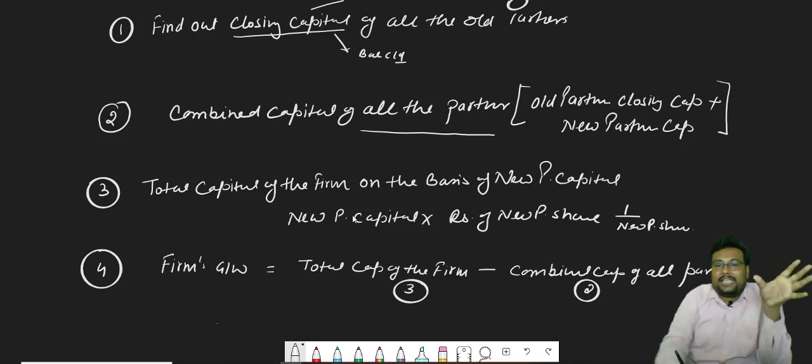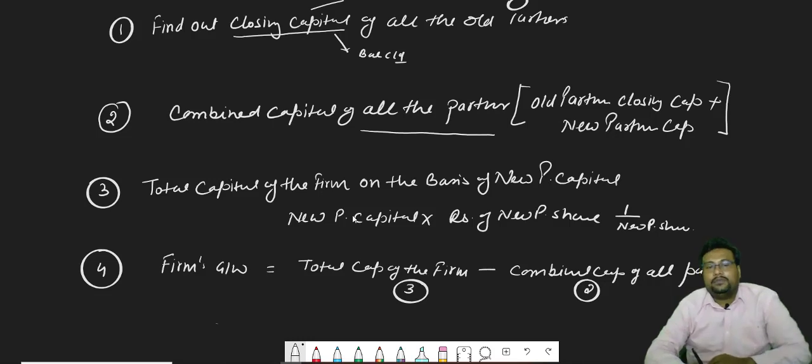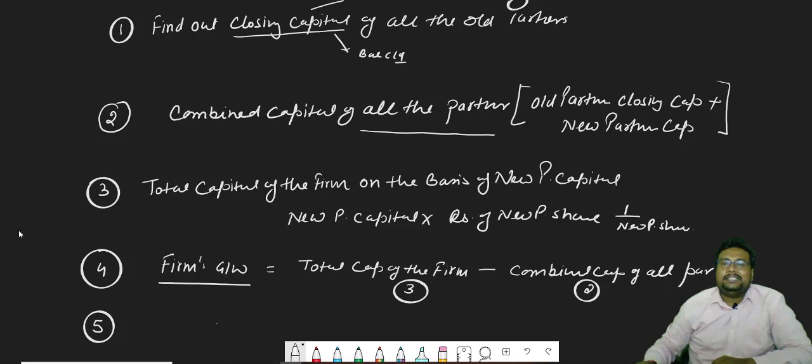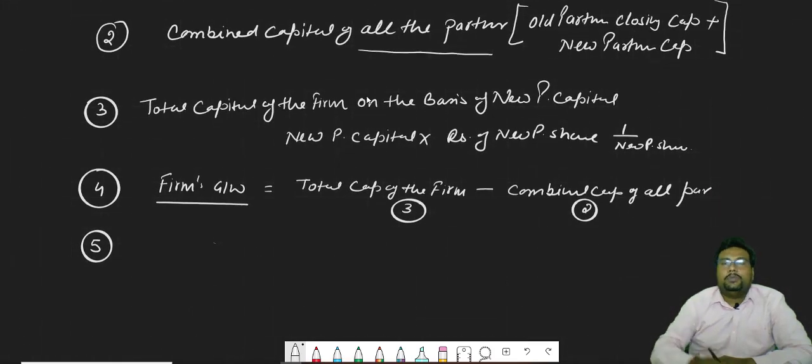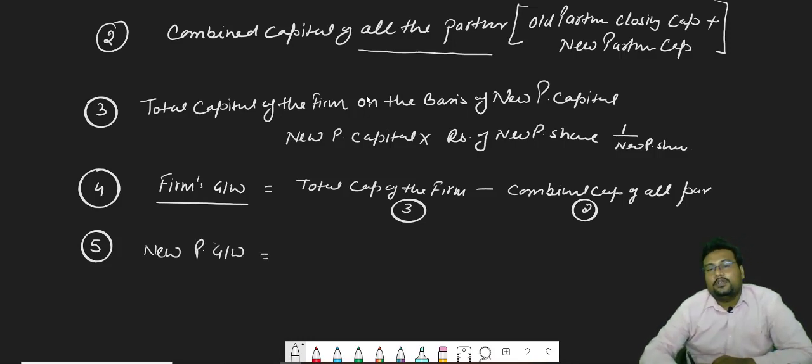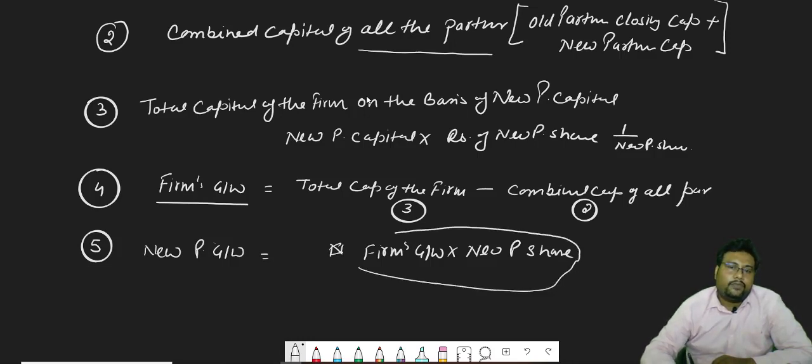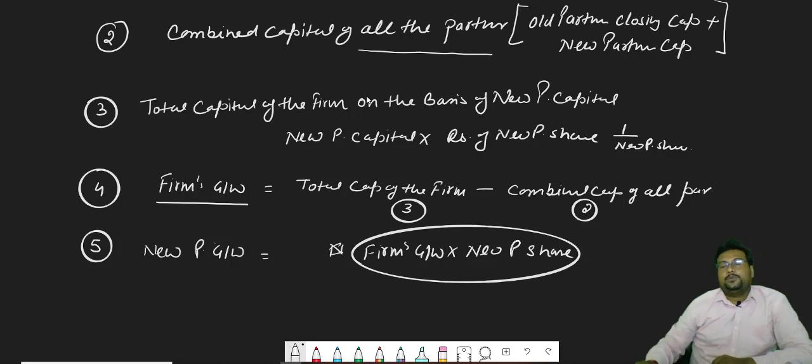So total capital of the firm minus combined capital gives firm's goodwill. When we have firm's goodwill in our hand, we can easily find out the new partner's goodwill. So new partner's goodwill is equal to firm's goodwill into new partner share.